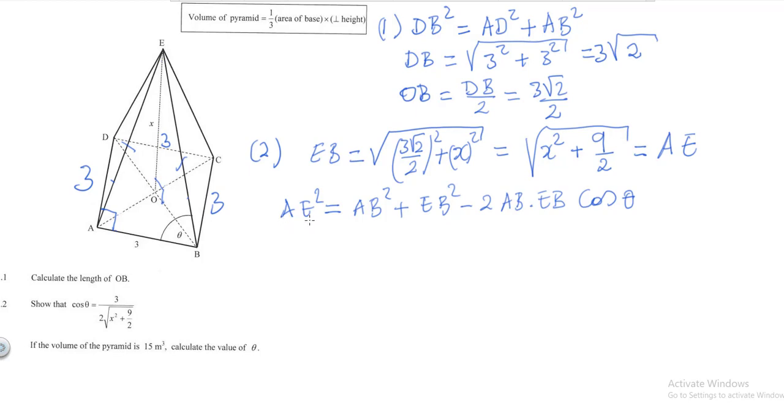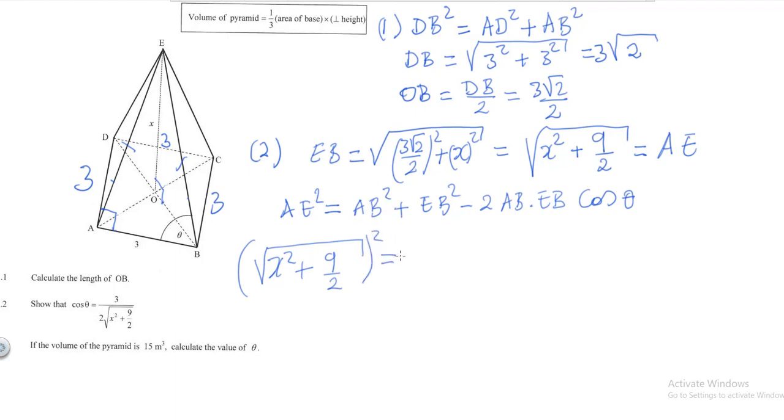AE is this one. Can you see that? AE squared. We have AE squared will have (x squared plus 9 over 2) all squared.